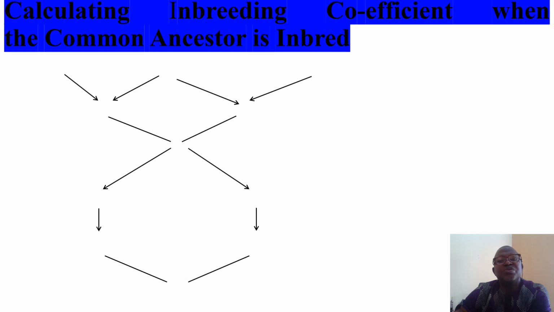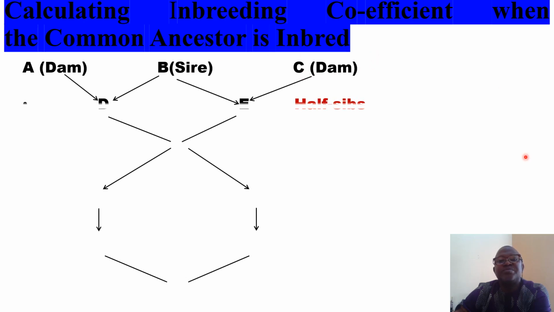But let's now try to calculate the inbreeding coefficient when the common ancestor is inbred. Initially, we were looking at the inbreeding coefficient when the common ancestor is not inbred. So, again, A is a dam, B is a sire, and C is a dam. So these are their offspring that are half sibs.